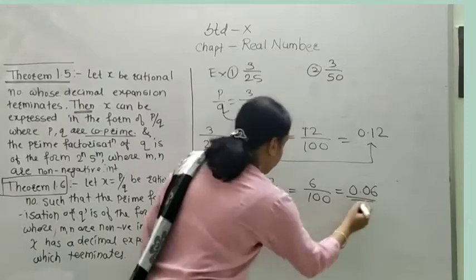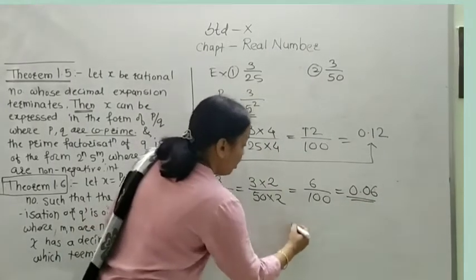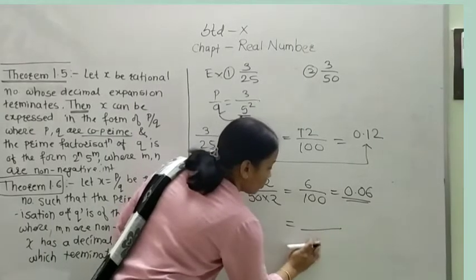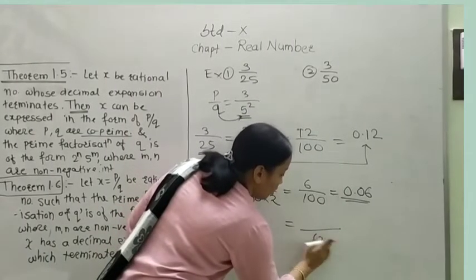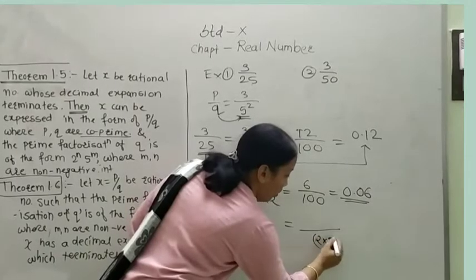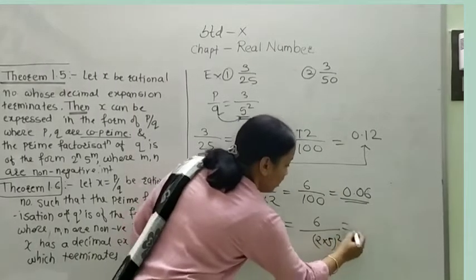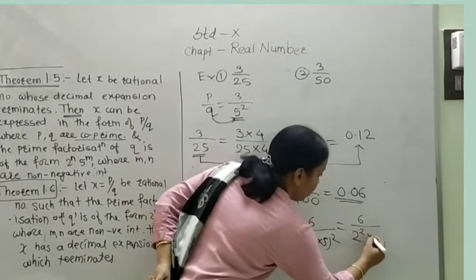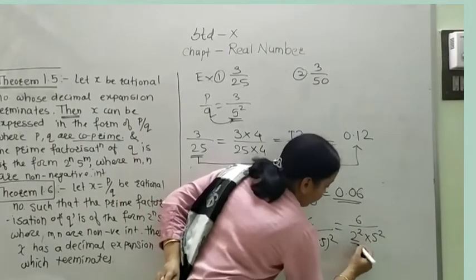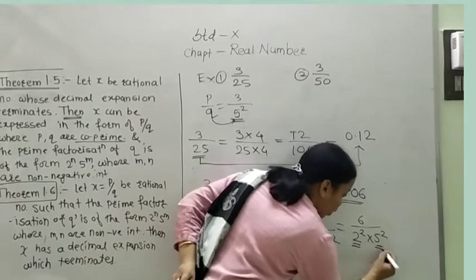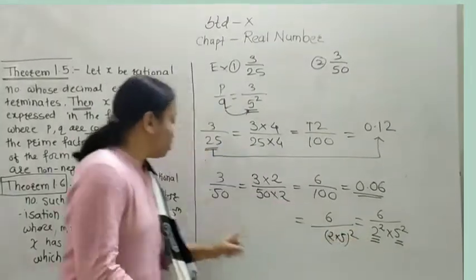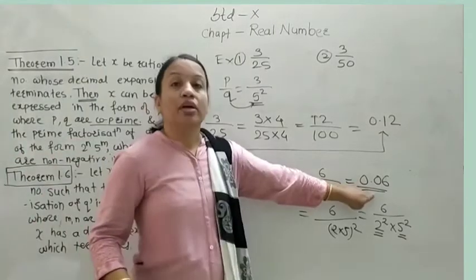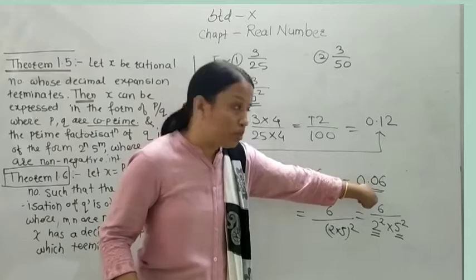Again it is terminating whenever both the powers are there. Now I can explain this again. 100 can be written as 10 square, that is 2 into 5 whole square, so 6 upon 2 raised to power 2 into 5 raised to power 2. Means whenever there is a power of 2 as well as a power of 5, that time also this rational number is going to be a terminating decimal expansion.